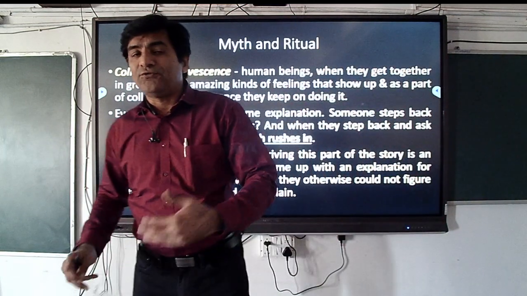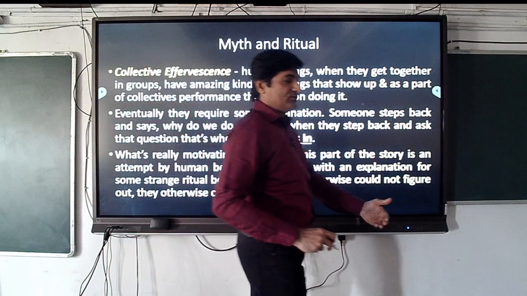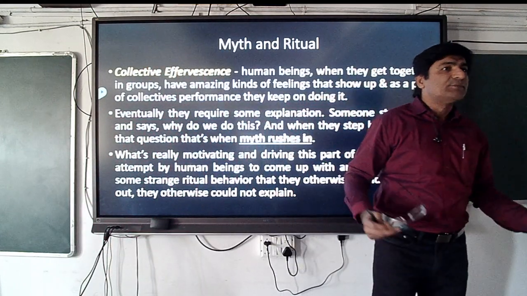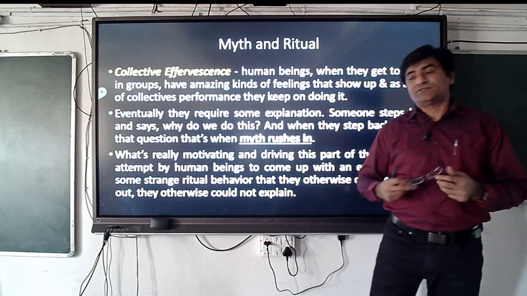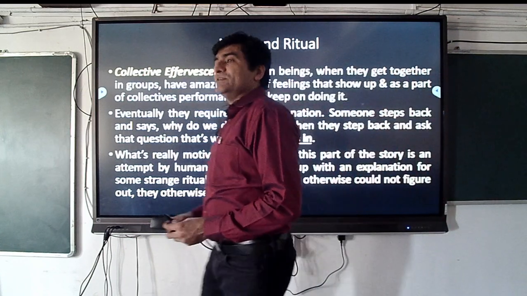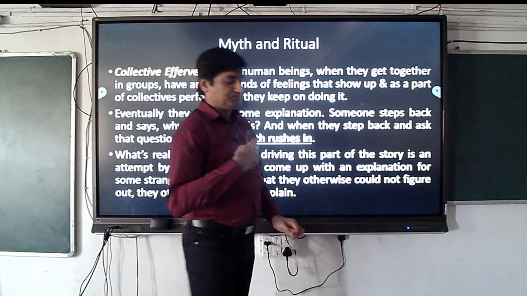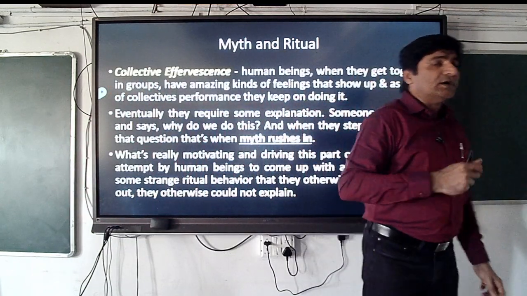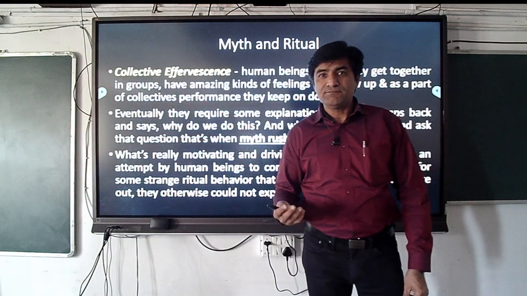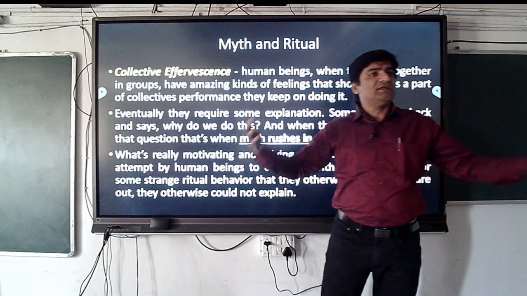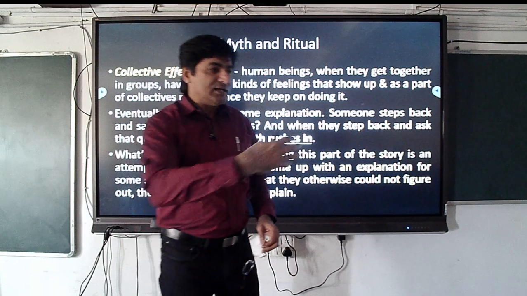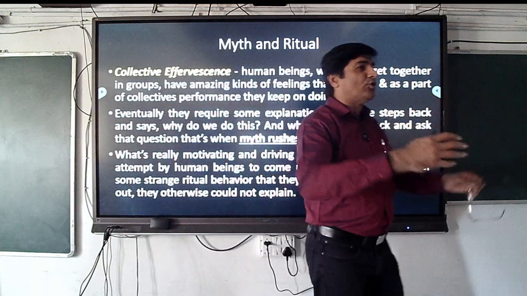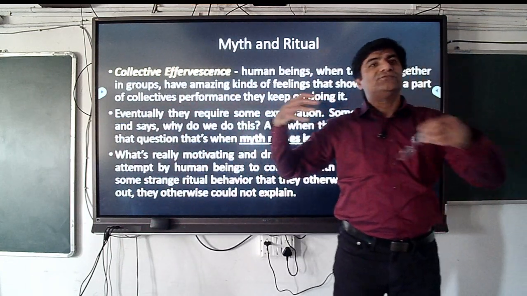So there is a form of collective effervescence which controls the ritualistic behavior of people. An example is a cricket match in a stadium. The way everybody is enjoying the match, there is a different kind of euphoria, as if the cricket match is the only important thing for the world.